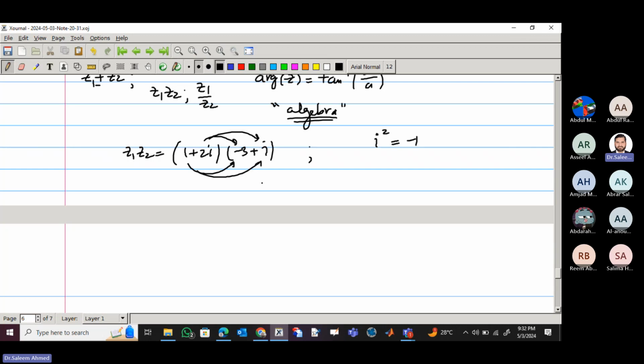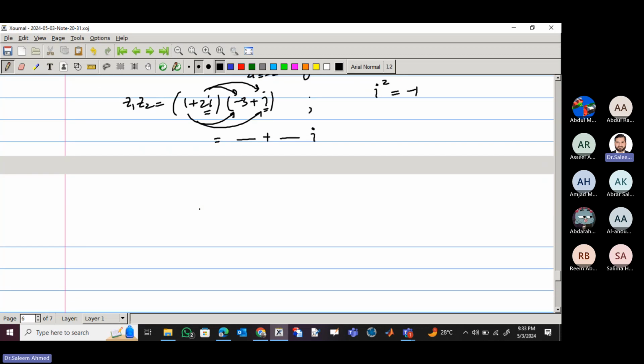When you multiply 2 iota with iota, it becomes 2 iota square, which is minus 2. You have to remember that iota square is minus 1. So whatever you are doing, your answer should be a real number plus another real number with iota. Always remember that. You have to finish your answer like this: real plus real iota. This should be your answer all the time.